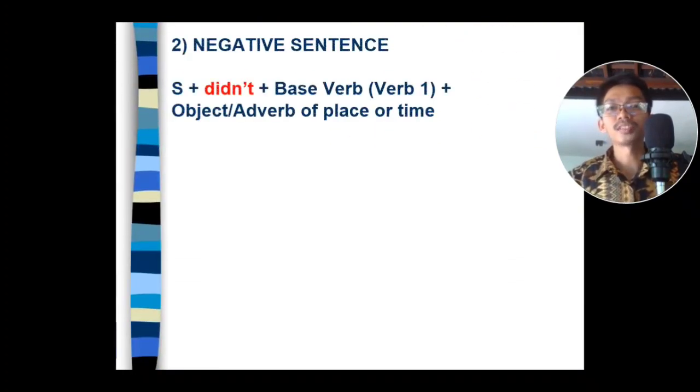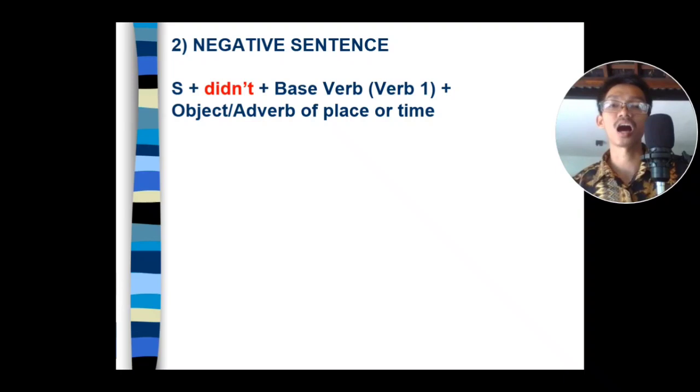Now we go to the negative sentence. I've explained the positive sentence, now I'll explain the negative sentence, and this is the formula. Subject plus didn't plus base verb or verb 1, and then you may add an object or adverb of place or time. Remember, because it is a negative sentence, you have to use didn't, which means did not.